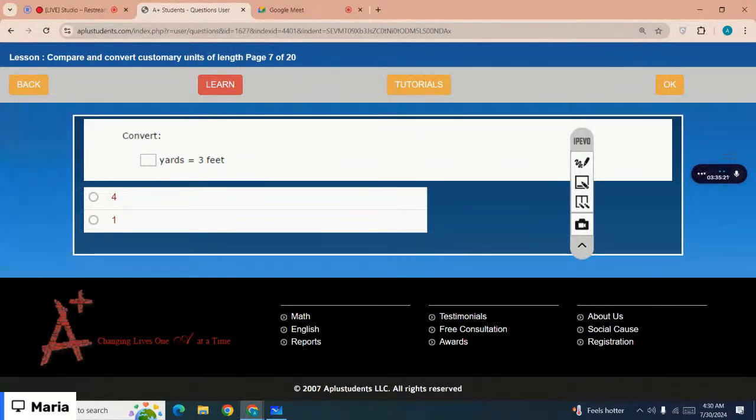Three feet equals 1 yard. The correct option is 1 yard. Option number 2 is the correct option.